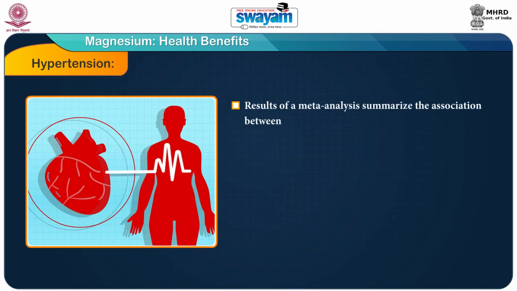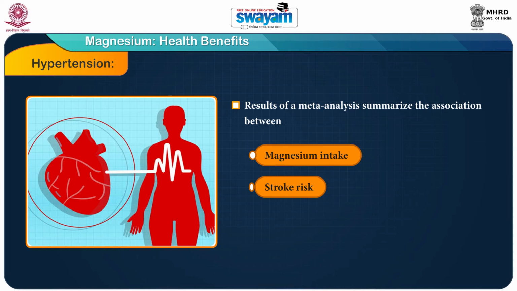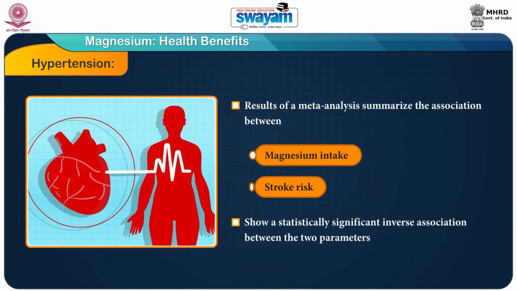Results of a meta-analysis summarize the association between magnesium intake and stroke risk and show a statistically significant inverse association between the two parameters, thereby highlighting the role of magnesium in hypertension.